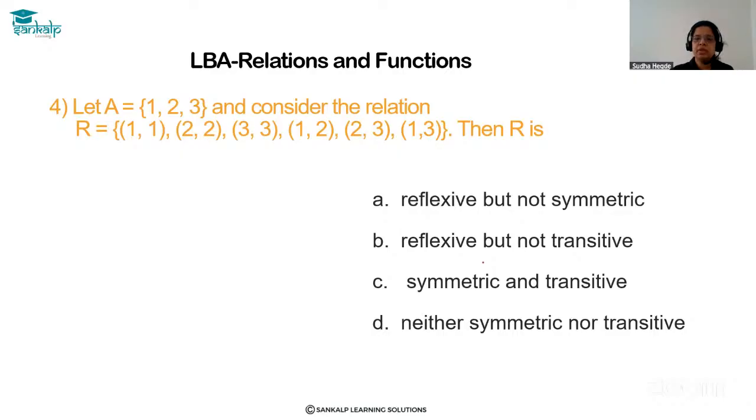First one, A, R is reflexive but not symmetric. B, R is reflexive but not transitive. C, R is symmetric and transitive. Last one, neither symmetric nor transitive.